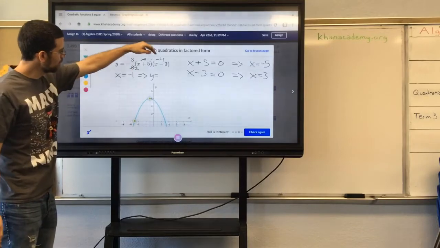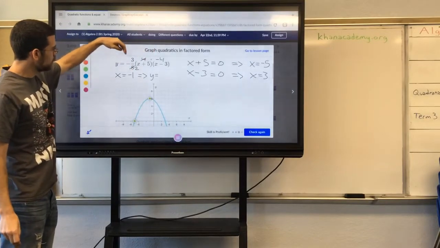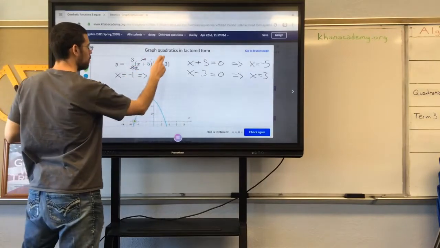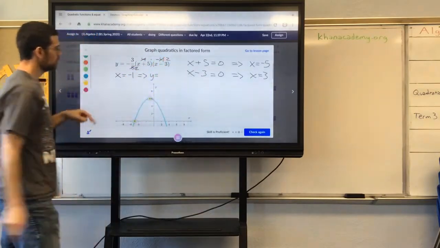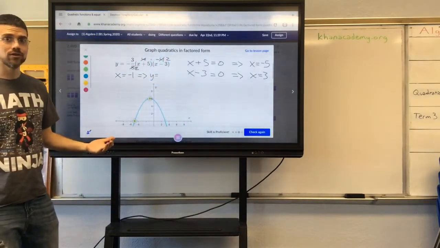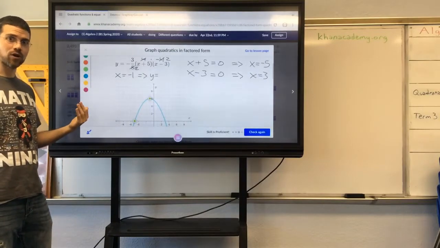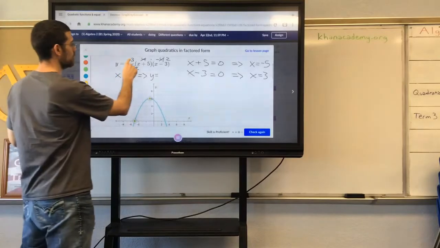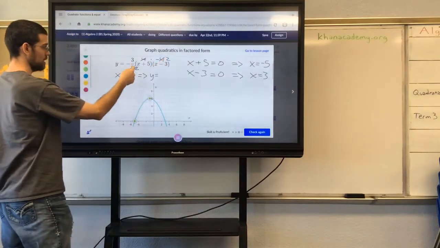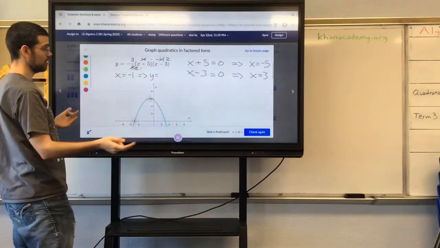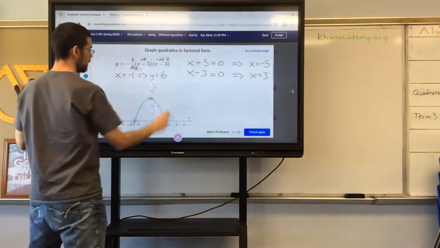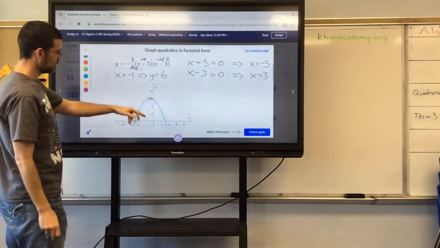So I get 3 times 4 in my numerator, but 2 cancels with part of that. So you might as well cancel common factors before multiplying, because you're going to have to reduce it anyway. So 3 times 2 is 6. My denominator is now 1. So this happens at y equals 6. When x is negative 1, y is 6.